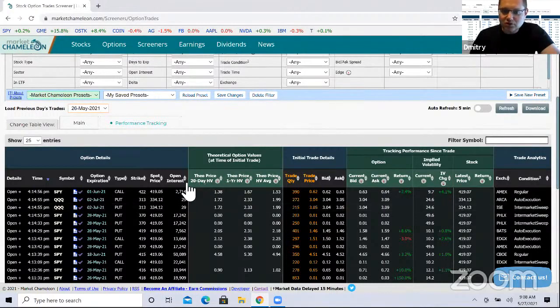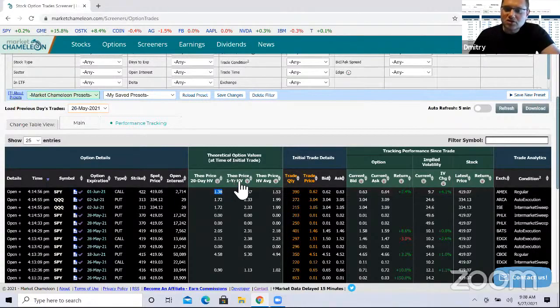So we know this option traded at 62 cents over here. At the time of the trade, if we use the Black-Scholes model and plug in the 20-day historical volatility, then this option theoretically would be worth $1.38.